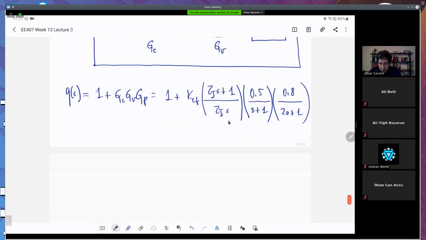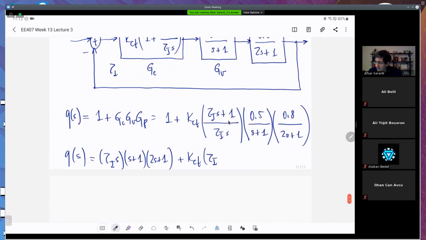So you will just multiply this 1 by the denominator, so you will have tau I s times (s plus 1) times (2s plus 1) plus KC times tau I and so on. Here I have tau I with the same selection that I did before, 0.5 seconds.